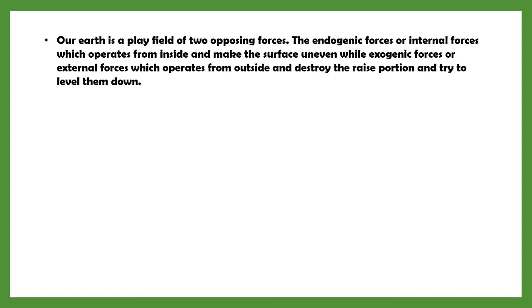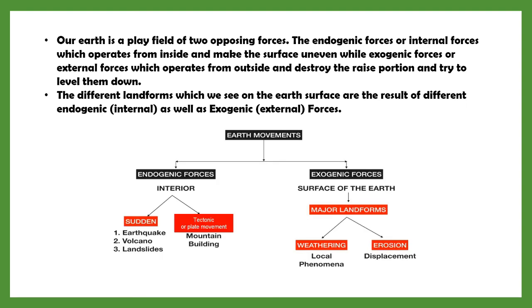The different landforms which we see on the Earth's surface are the result of different endogenic, internal, as well as exogenic, external forces. Now in this flow chart you can see that on the Earth's surface two types of forces operate: endogenic forces from the inside.